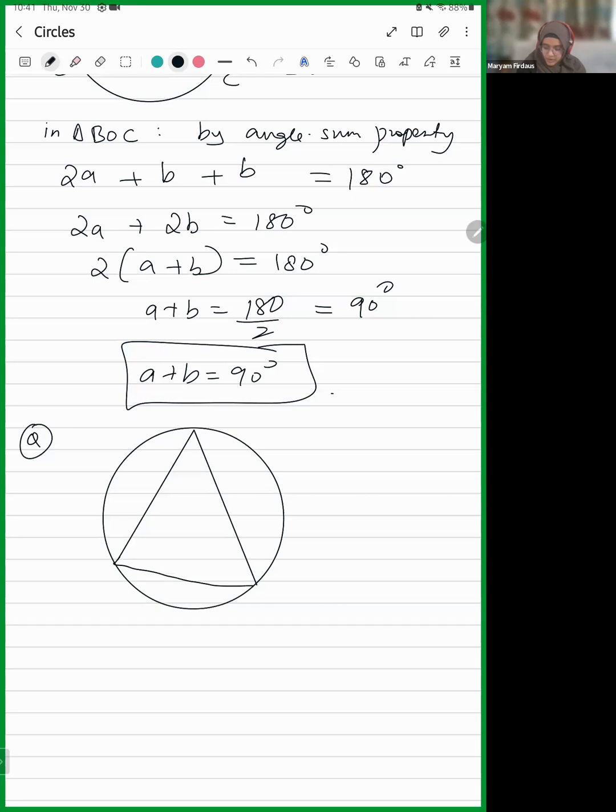So this is a chord. I made it slanting by mistake. Please try to make it straight. AB. I mean, it doesn't matter. It's the same thing. It's a circle, right? So it's the same everywhere. This is E. This angle we don't know. Oh, no, wait. BEC is 100. Okay, so this angle is 100 degrees.